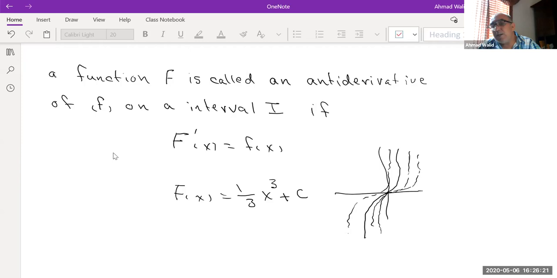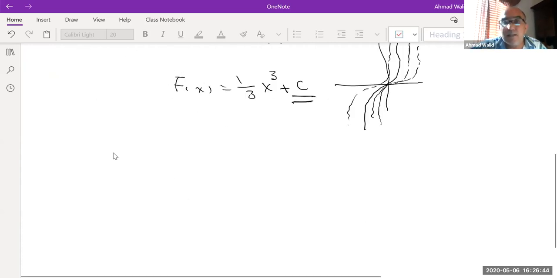That's why when you take the antiderivative of any function, you add plus c at the end. Do not forget, please, plus c. Plus c means this answer is one of the answers of the family of that function, because it can be a lot of different functions based on this number, correct?